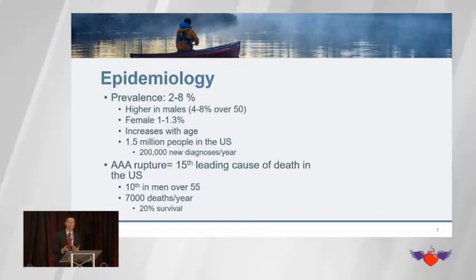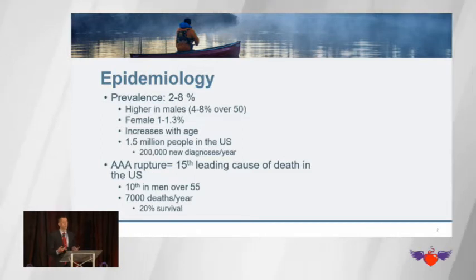It's important because, like the weak spot of a car tire, eventually it's going to rupture. If an aorta ruptures, that of course can be fatal. In fact, if your aorta ruptures, you only have about a 1 in 5 chance of surviving that event. Because of that, it's the 15th leading cause of death in the US, and in men over 55 it's the 10th leading cause. It causes about 7,000 deaths per year.